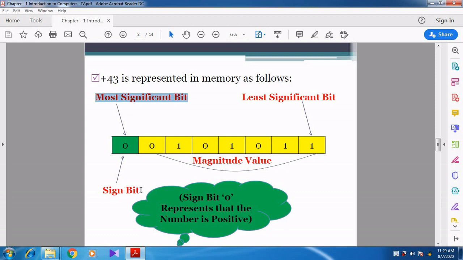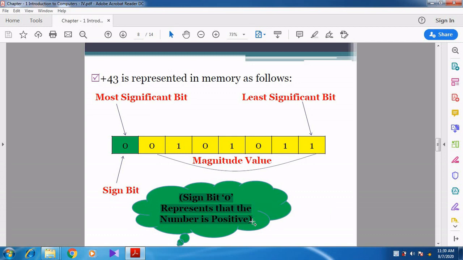It is otherwise called the sign bit. So what we studied: if the sign bit is 0, that represents a positive number.